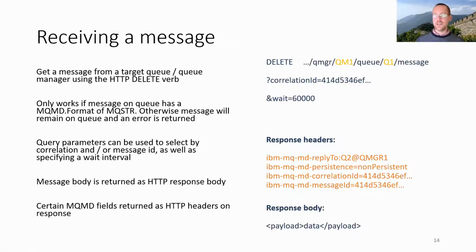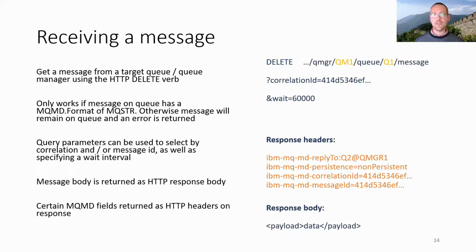If a message turns up and matches your query parameter, then that comes back as the HTTP response. There are two parts to that HTTP response. The first part is the headers, which effectively are pieces of the MQMD. So whether there's a reply to queue associated with that message, what persistence it was, and then its correlation and message IDs. Then there's the response body itself, which, as I said before, has to be text at the moment.